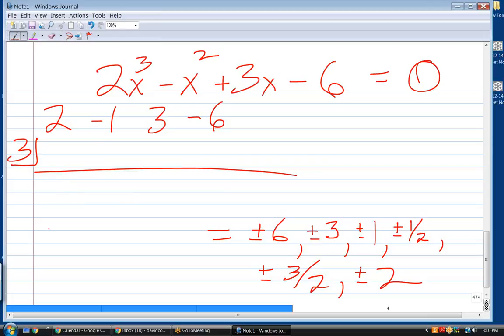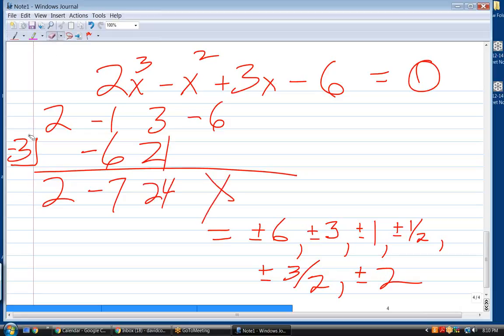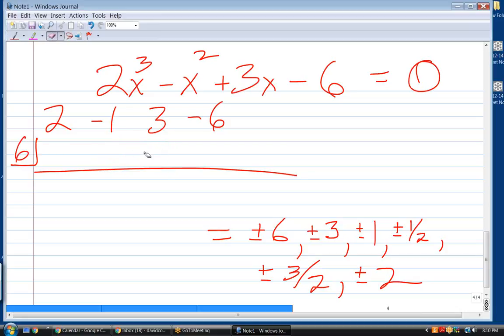And if you make one mistake, you're not going to catch it. In other words, you'd have to go all the way back to the beginning. You know what I'm saying? Yes. So I've tried plus or minus 1, 2, and 3. You can see that it goes pretty fast when you're using synthetic division.